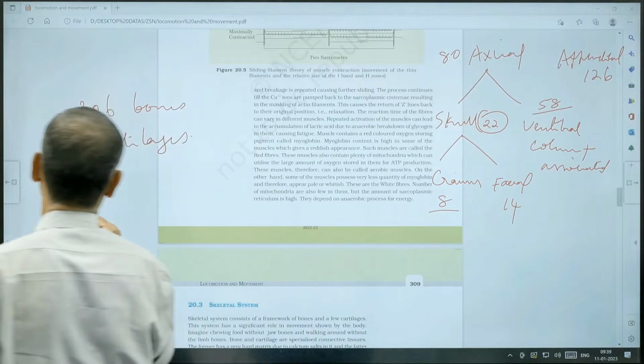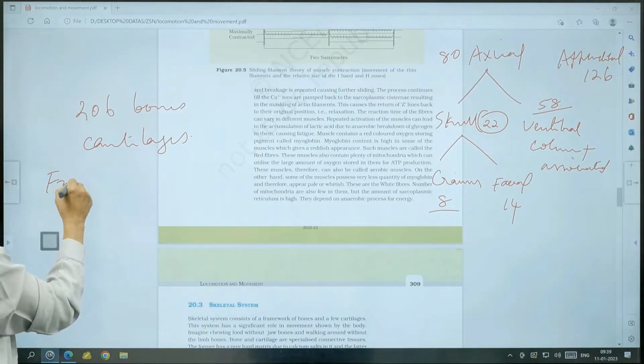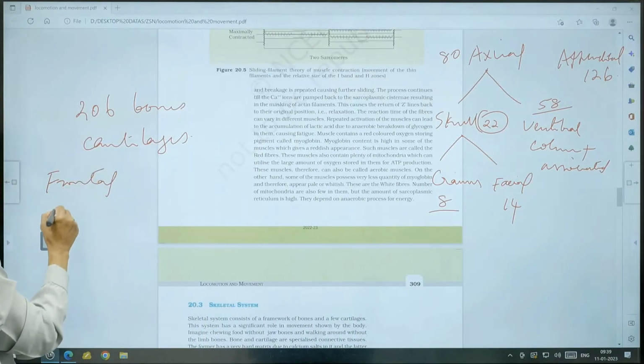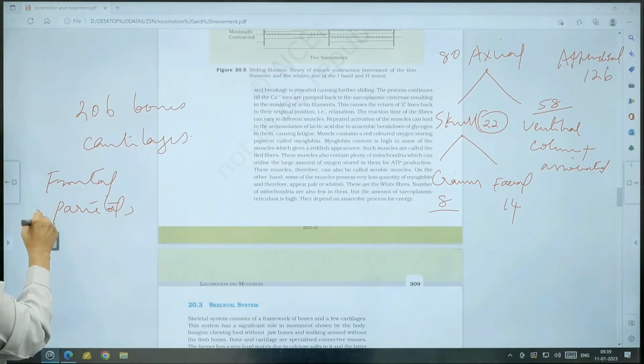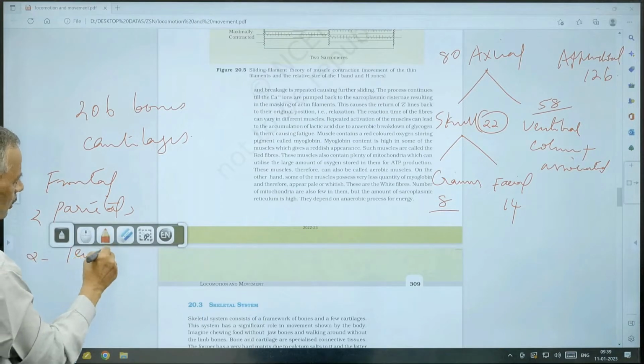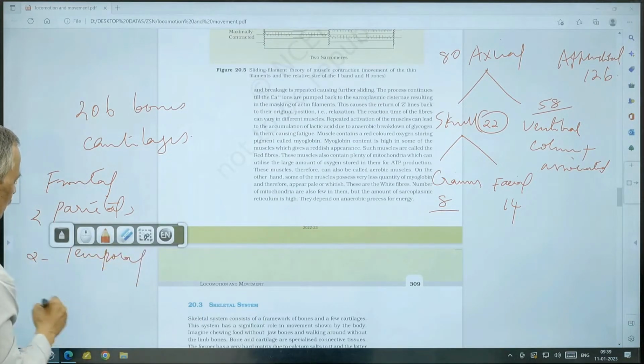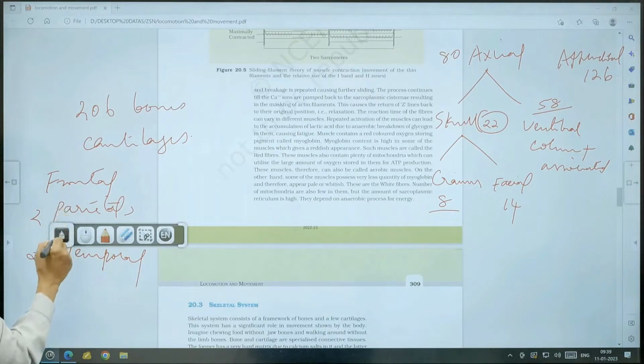So we have a frontal, a pair of parietals, a pair of temporals on the sides. Only parietals and temporals are paired, all others are unpaired.